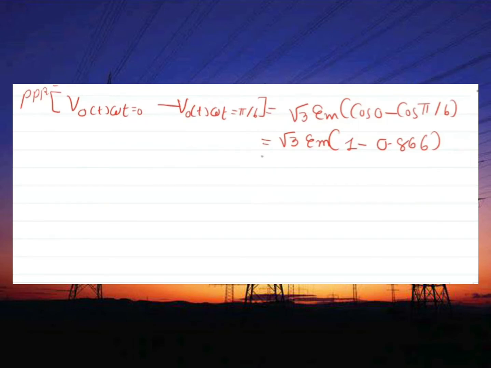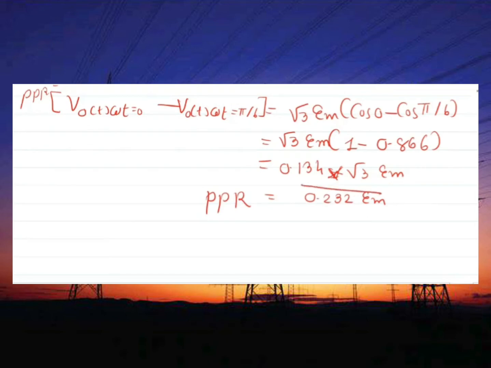So you will get 0.134 into root 3 EM, which is equal to 0.232 EM. This is the PPR for a 6 pulse.